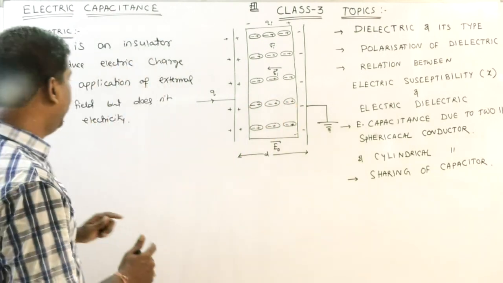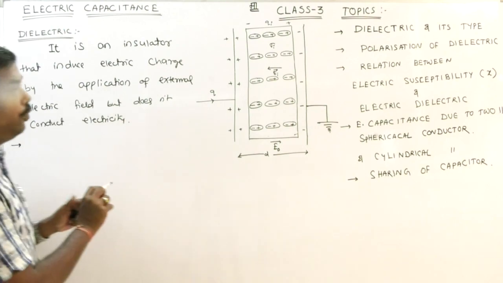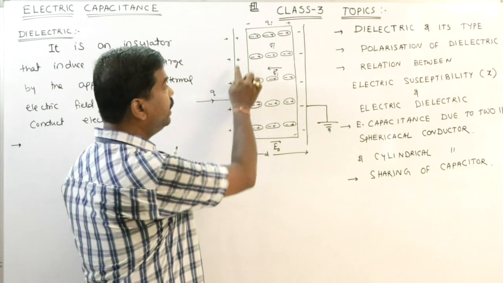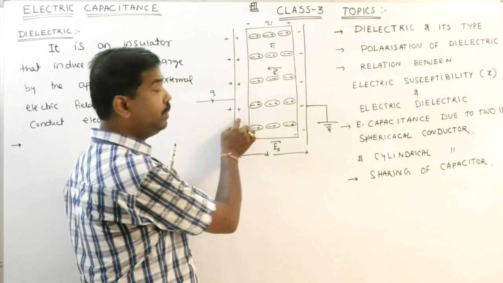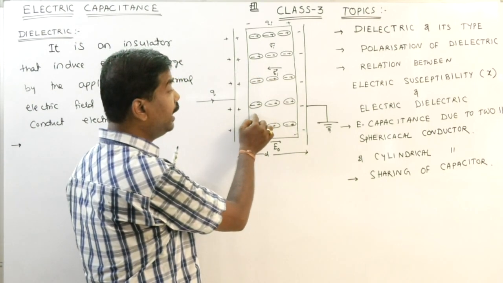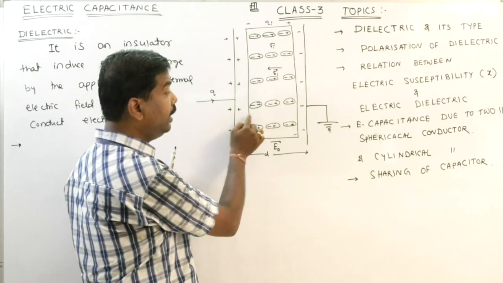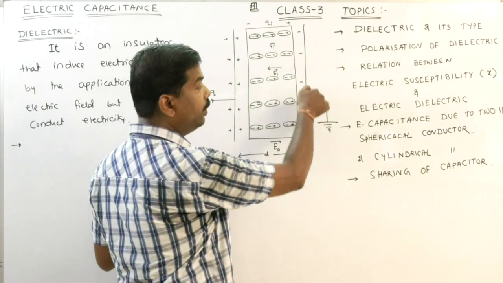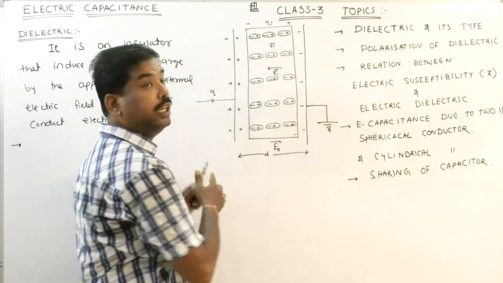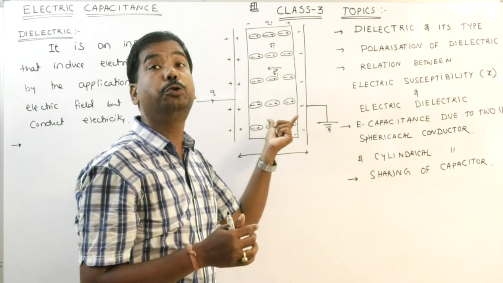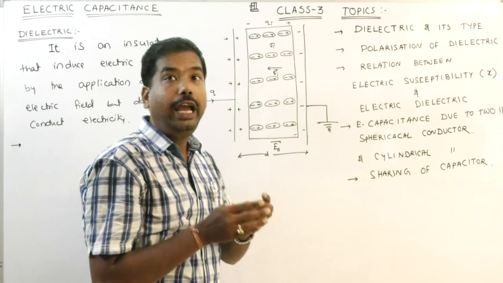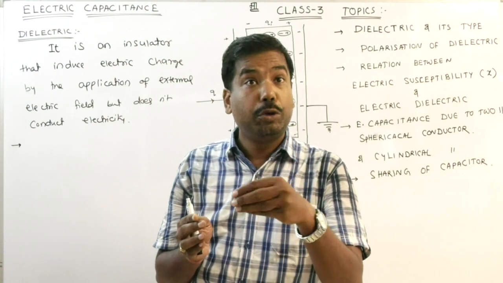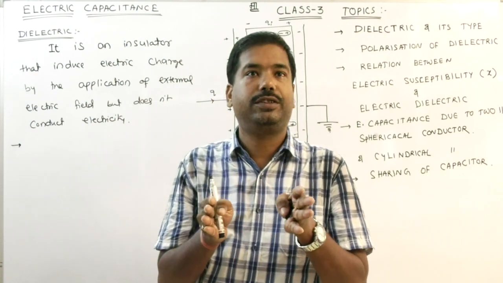So I would like to say that when some dielectric is placed in between the two parallel plates of a capacitor, this plate is positive charge and this plate is negative charge. The near end of the dielectric towards the positive charge will induce a negative charge, while the near end of the negative will induce a positive charge. It means opposite charge gets induced automatically, and hence each atom's positive charge and negative charge get displaced.